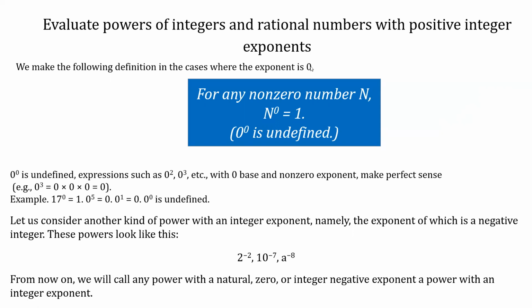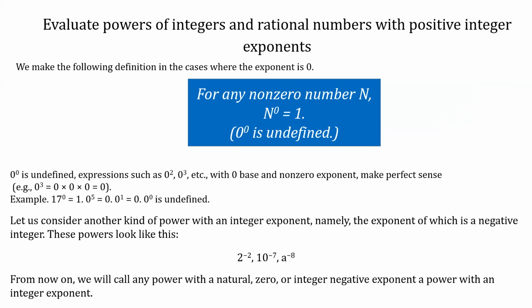where the exponent is 0. Next main definition: for any non-zero number n, n to the power 0 is equal to 1. And the special case, 0 to the power 0, we call undefined.